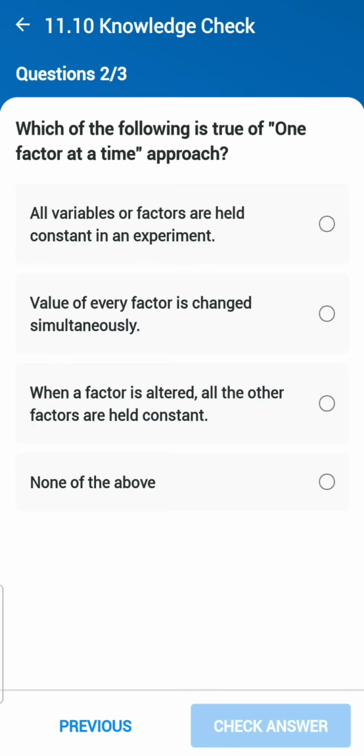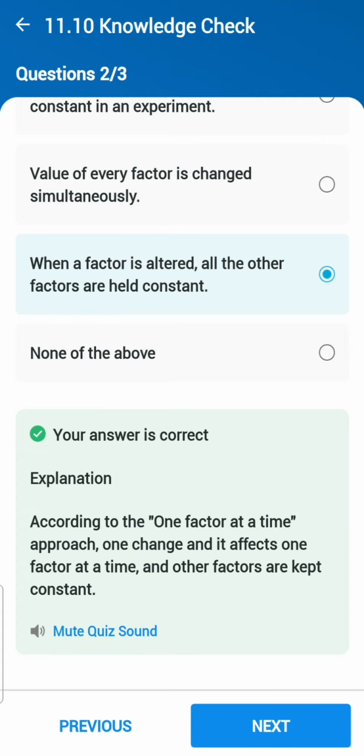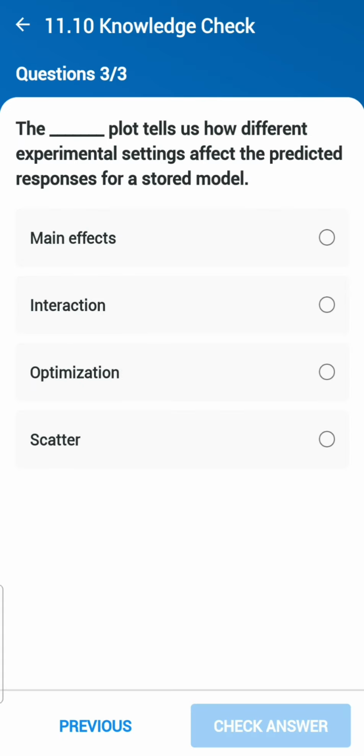And which of the following is true of one factor at a time? When the factor is altered, all the other factors are held constant. The plot that tells us how different experimental settings affect the predicted response for a stored model is called optimization.